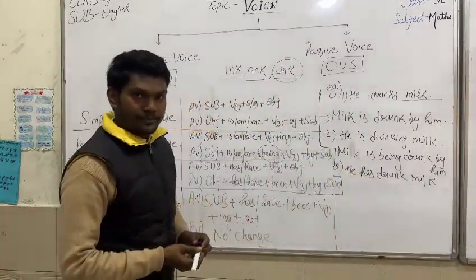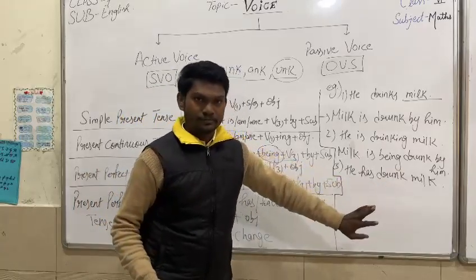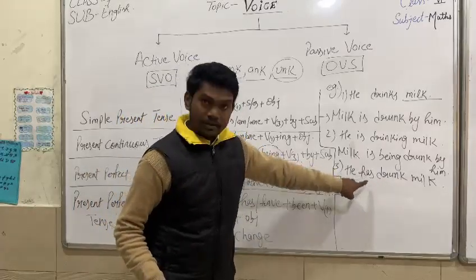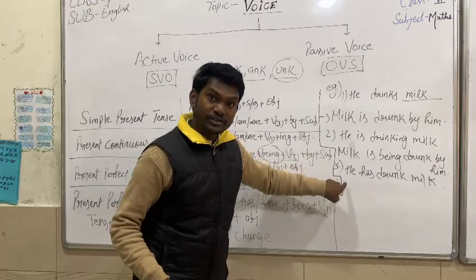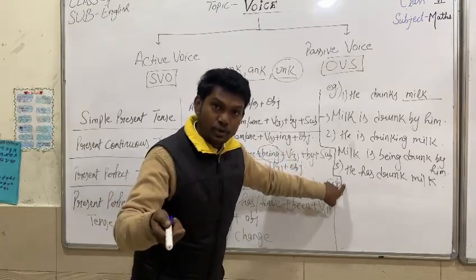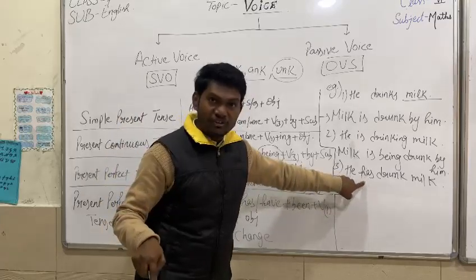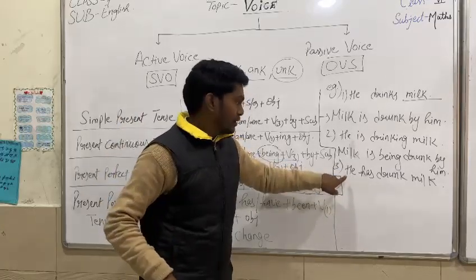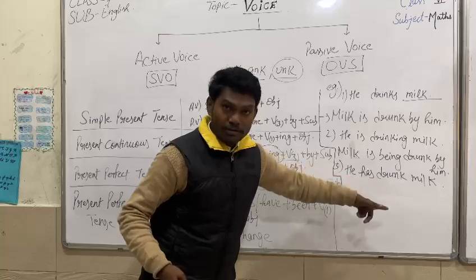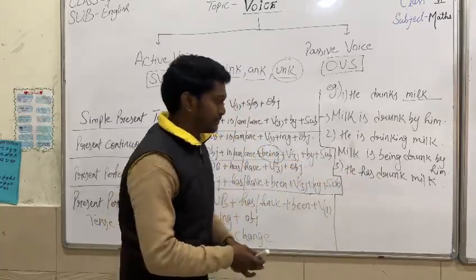as you can see here, the sentence is he has drunk milk. Now, we have written has because the subject is third person singular. If the subject would be first person, second person or third person plural, we might have written have, H-A-V-E over here. So, he has drunk what? He has drunk milk. So, milk is taken first to convert it into passive voice.